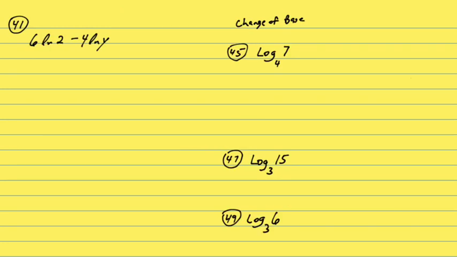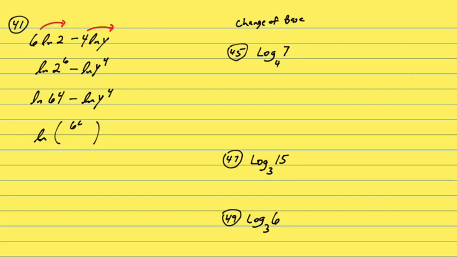41 is similar. Can I put the 6 up as an exponent and the 4 up as an exponent? So that would be natural log of 2 to the 6 minus natural log of y to the 4th. 2 to the 5th is 32, so 2 to the 6th would be 64. How about subtraction? Do you know which one subtraction becomes?